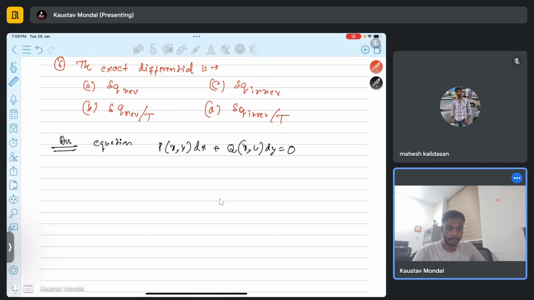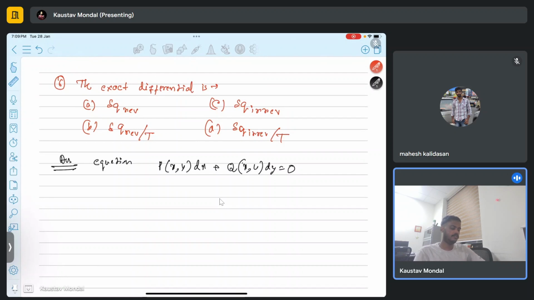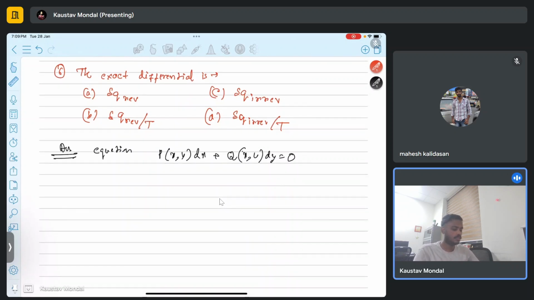Although this concept is not needed in order to solve this problem, you should still know how to tell whether an equation is an exact differential or not. P(x,y) and Q(x,y) are both functions of x and y.